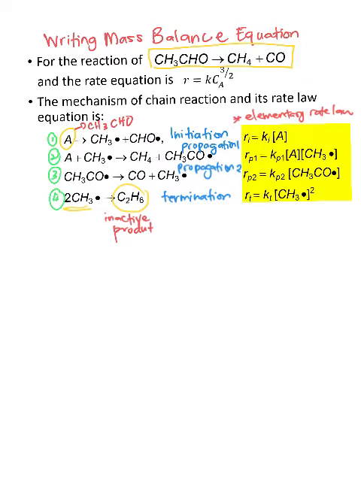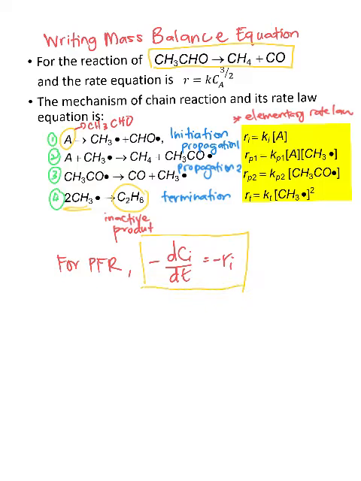Okay. Now, the first step, we need to write the mass balance equation. Let's say we want to write the mass balance equation for PFR. For PFR, the general equation, we know that negative dCi per dt equal to negative Ri.